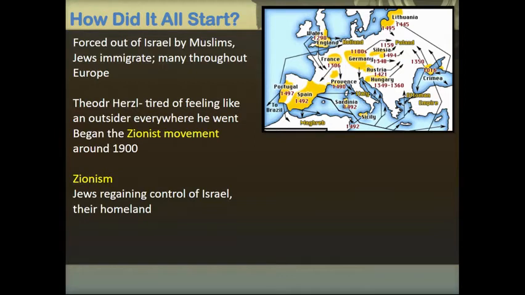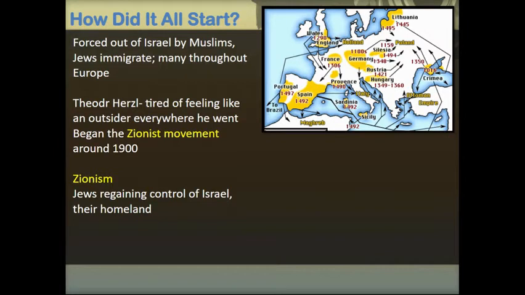But Herzl has this idea of a Zionist movement, and that's what you need to know. The Zionist movement is this belief, the Hebrew belief, that at some point they will return to their chosen land. And their chosen land, of course, is where they originally carved it out, where Jacob or Israel originally carved it out with the 12 tribes in modern day the Middle East or the eastern seaboard of the Mediterranean Sea.